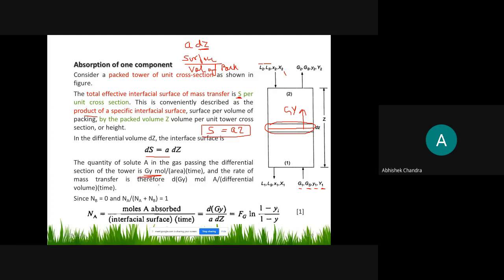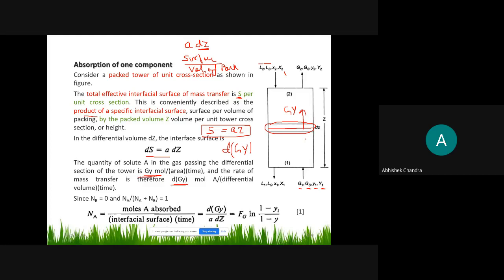And the rate of mass transfer for this differential section is simply dGy. You know that this absorption is a single component absorption.